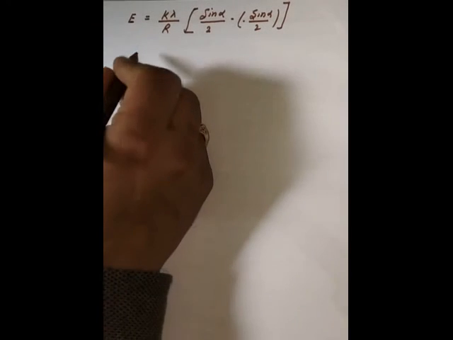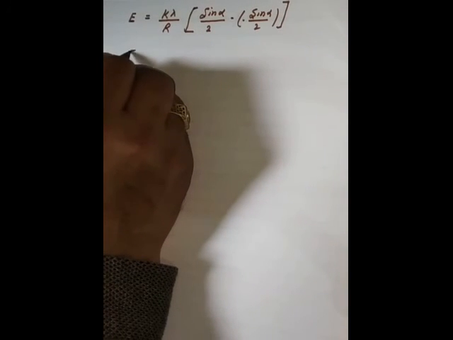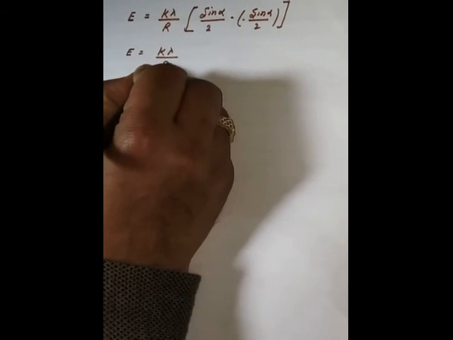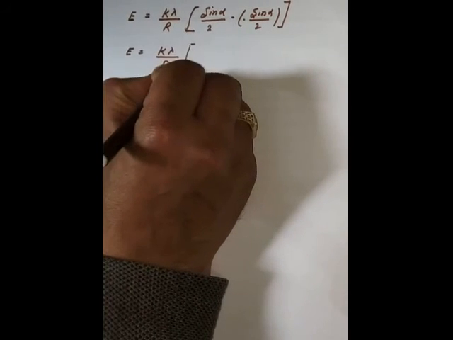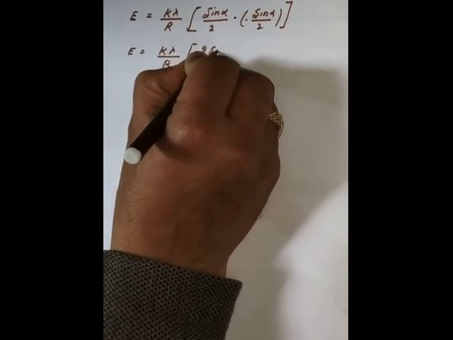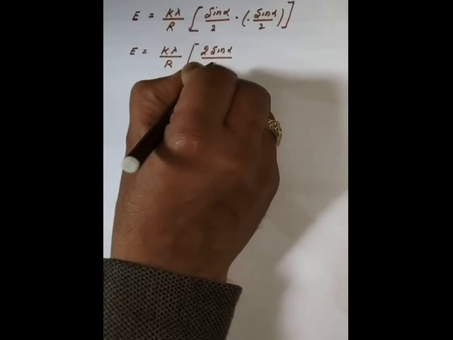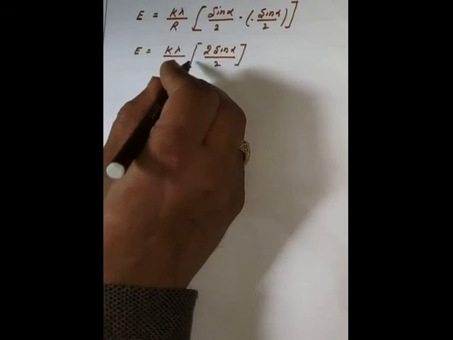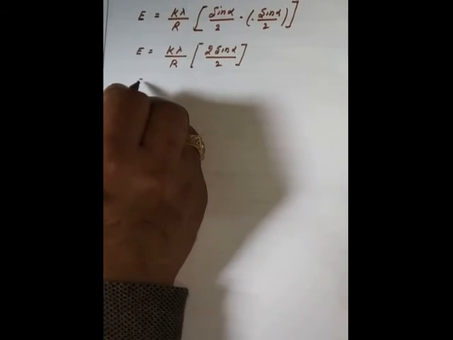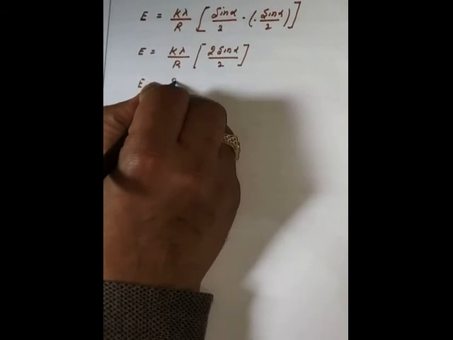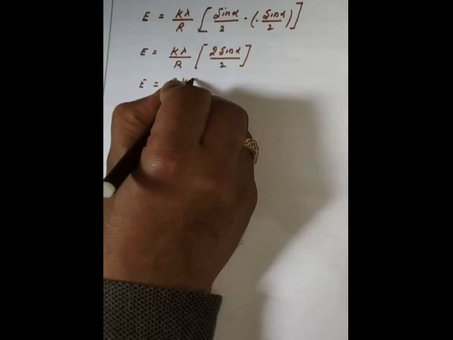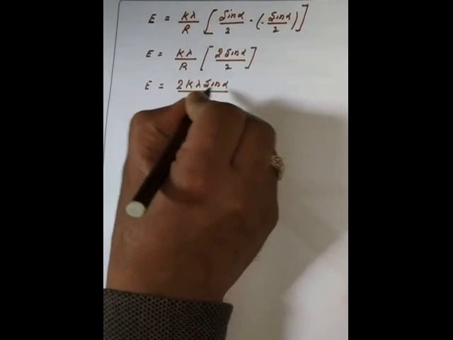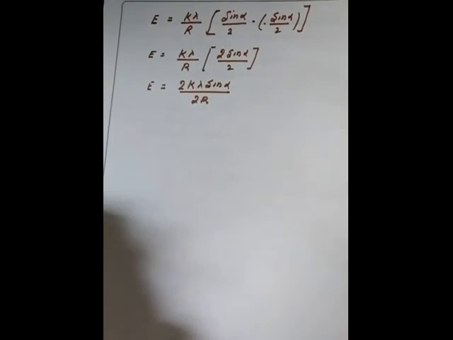So electric field E equals k lambda upon r, 2 sin alpha by 2, or you can open the bracket. In that case it will become electric field E equals 2 k lambda sin alpha by 2 upon r.